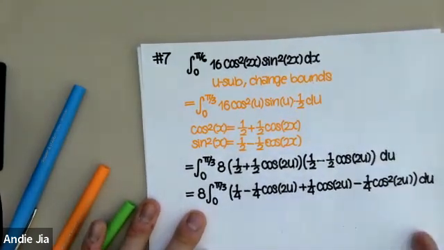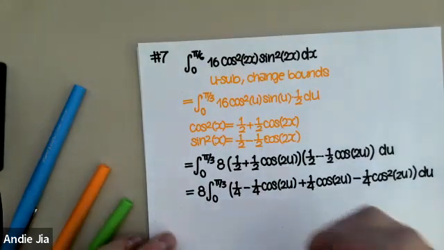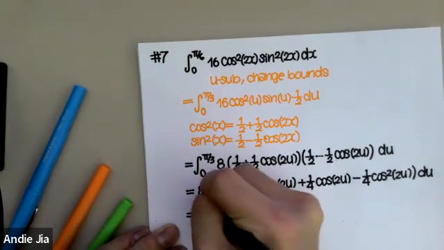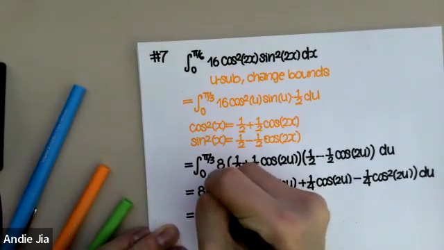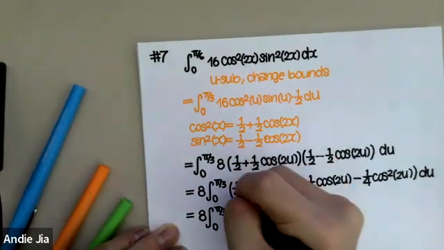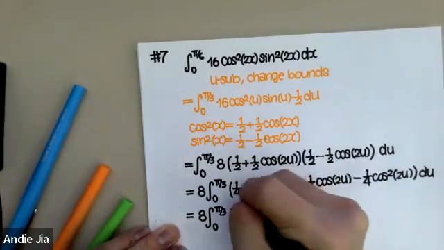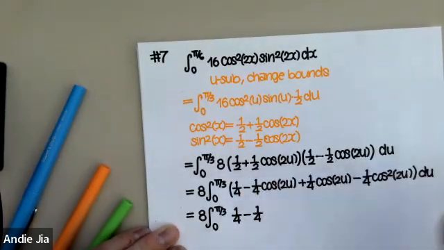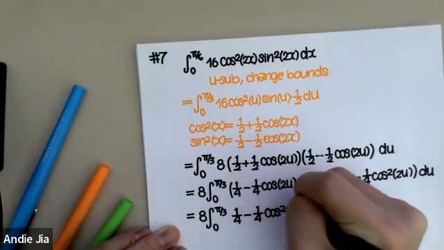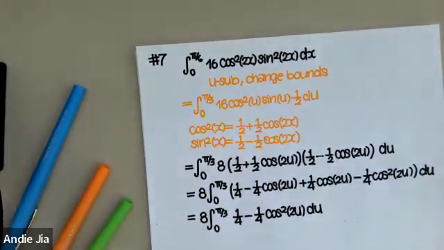We rewrite it again. Minus 1/4 cosine of 2u du.